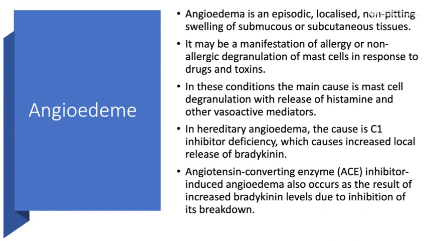Why? Because angiotensin converting enzyme also acts on bradykinin. So if you inhibit this enzyme, it will result in accumulating bradykinin, and in certain individuals this will result in angioedema.